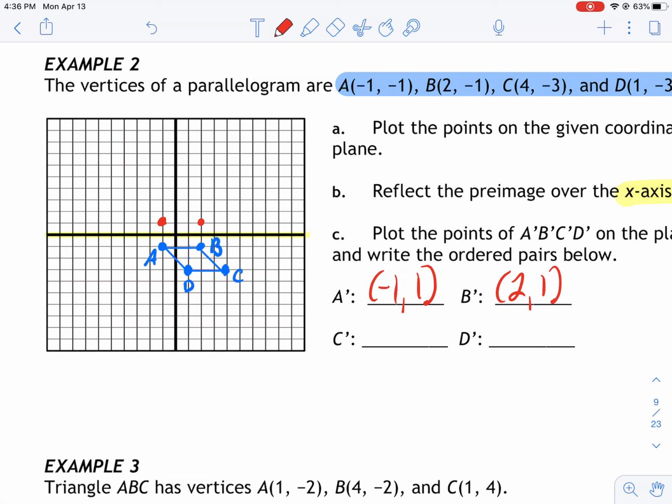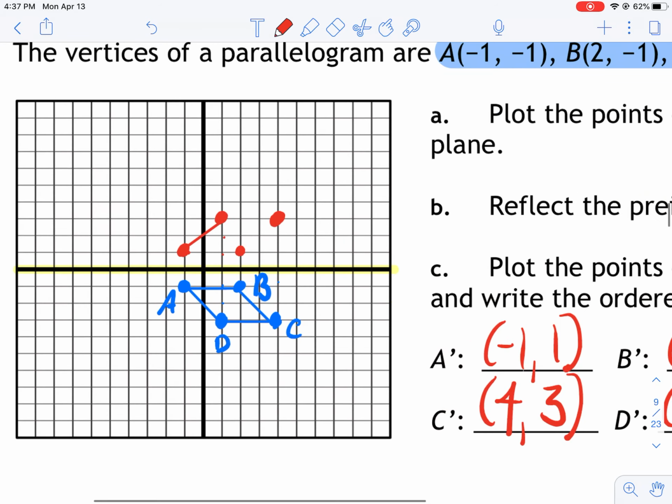Okay, and C was 3 units away, so it needs to be 3 units away on the other side. That's going to become the point 4, 3. And then D is also 3 units away. So that's going to become 3 units up on that side, so it's going to become the point 1, 3. And I have my reflected parallelogram.